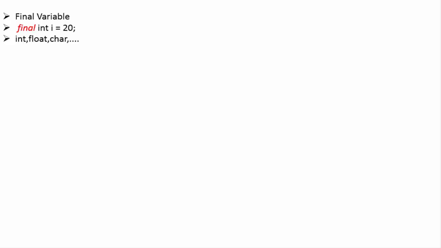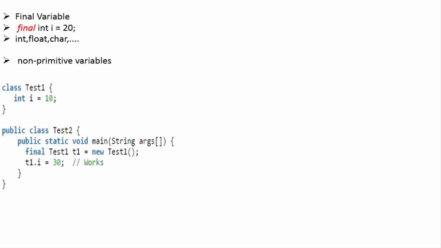Then what happens with non-primitive variables? First of all, what is a non-primitive variable? A non-primitive variable references objects in Java. Let us look at this example. Here the object T1, which is an instance of class test1, is declared as final.